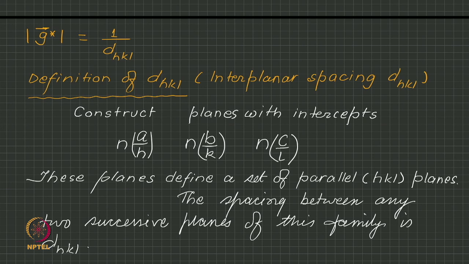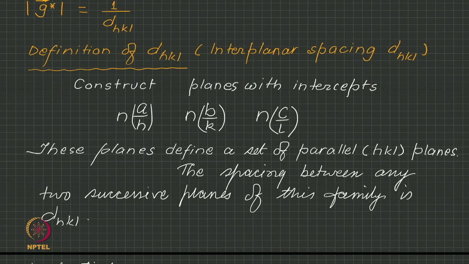The next plane for n equal to 2 comes at 2A by H, 2B by K, 2C by L. Similarly, 3A by H, 3B by K, 3C by L. So, you let n vary over all integers.